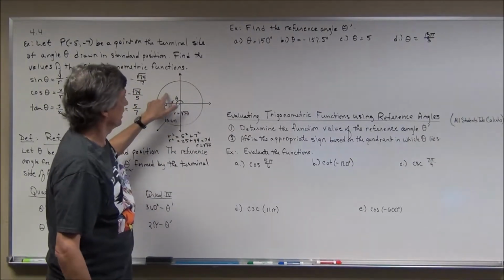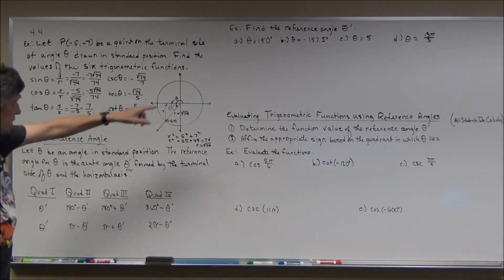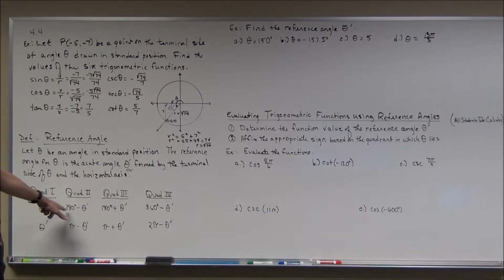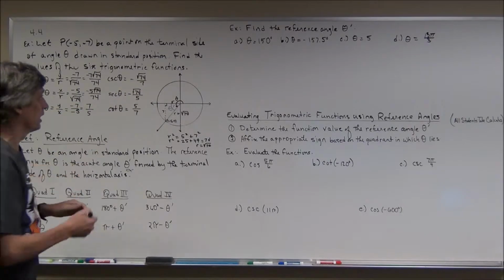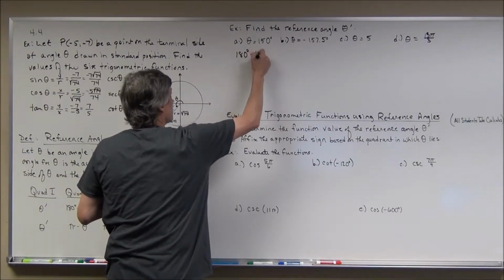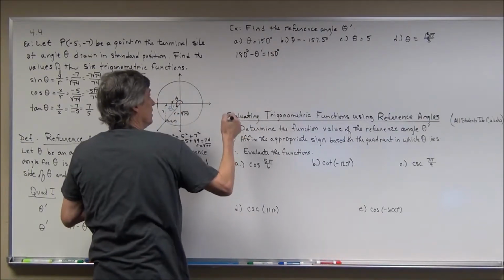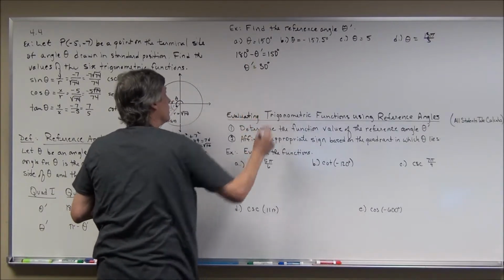And in the second quadrant, since this is in degrees, I'm going to use the degree model here at the top row. This would be 180 minus my reference angle, which in this case is 150. So 180 degrees minus my reference angle would have to be 150 degrees. So in this case, my reference angle is going to be 30 degrees.